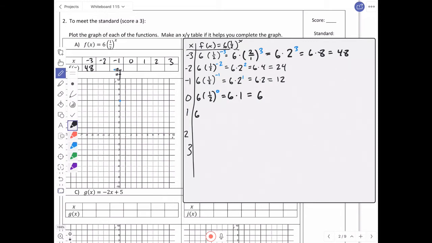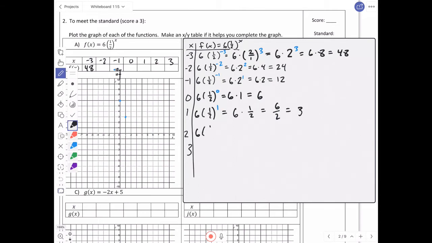And 6 times 1/2 to the 1 equals 6 times 1/2, and that's 6 over 2, which is 3. So when I plug in 1, I get 3. Here I went left 1 and up 12, then over 0 and up 6, and then over 1 and up 3.